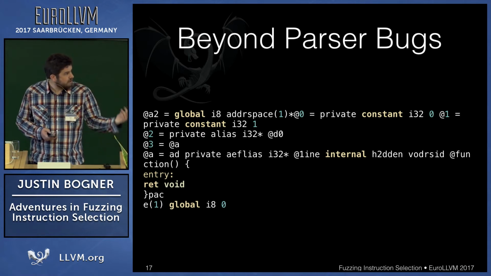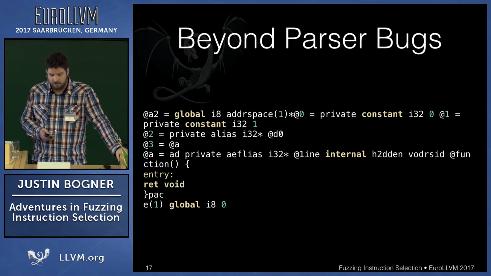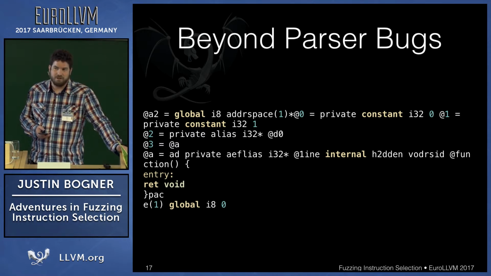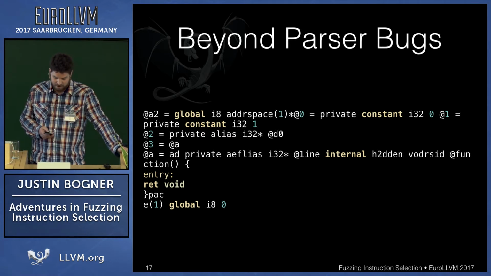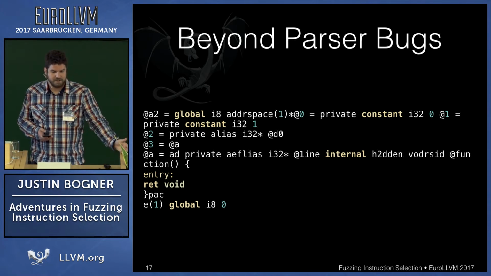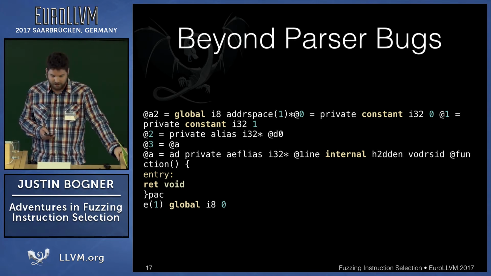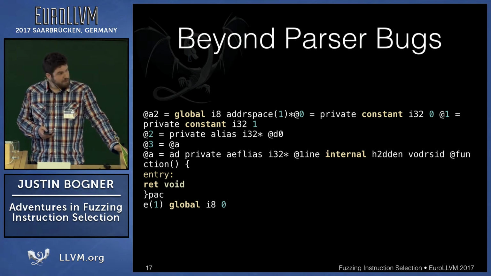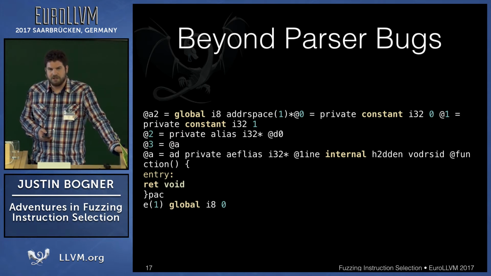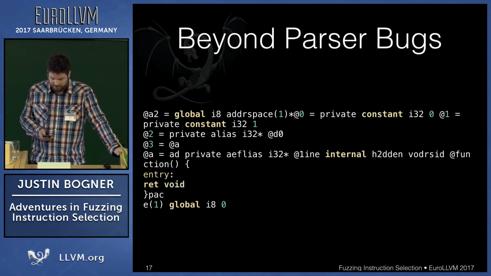I should note this example is particularly notable in that if we were to write a naive LLC fuzzer, we'd probably hit this exact same input and find this exact same bug at some point, since obviously the first thing LLC needs to do is run the assembly parser or the bitcode reader. So we would be finding bugs, but we wouldn't necessarily be gaining that much confidence in the instruction selector because we just wouldn't be finding that kind of bug often enough.